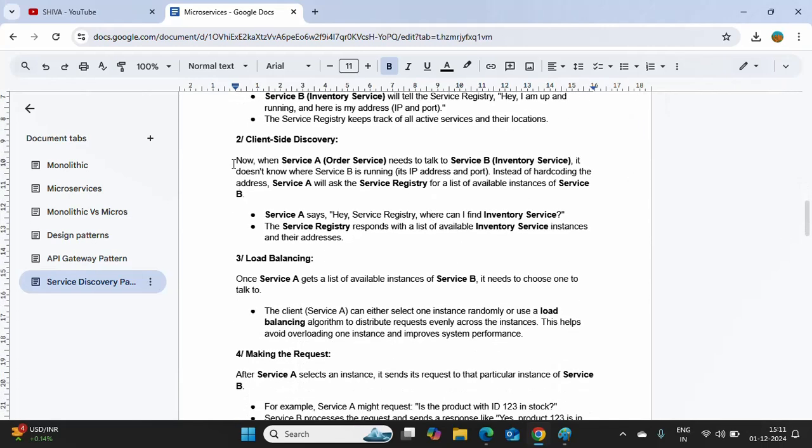On the client side, when service A needs to talk with service B, it doesn't know where service B is running. Definitely we are not going to hard code the information, right? So instead of hard coding the address, service A will ask the service registry, what is the information of service B? Once it has got the information of service B, service A interacts with it.